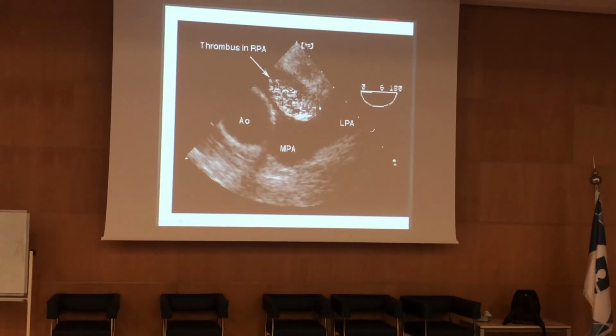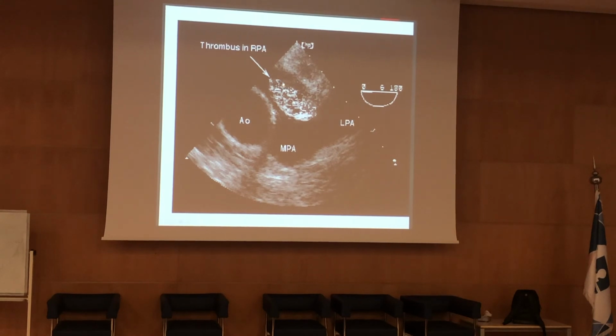And sometimes, if we are lucky, unfortunately we are lucky but the patient is not lucky, we are going to see the thrombus sitting there in the echocardiogram. Why? Because in echocardiogram, we partially see the pulmonary artery, not all of it, just part of it. So if we are lucky, when we do echocardiogram, we are going to see this thrombus sitting there.